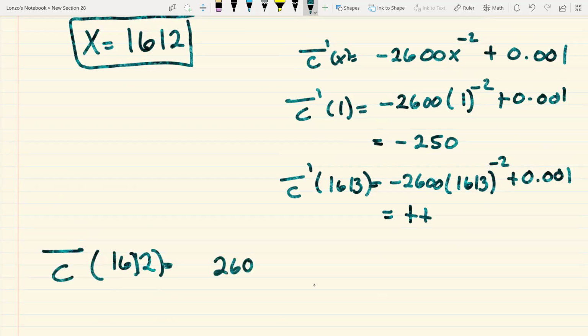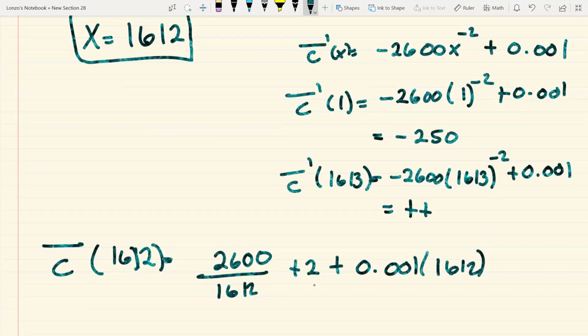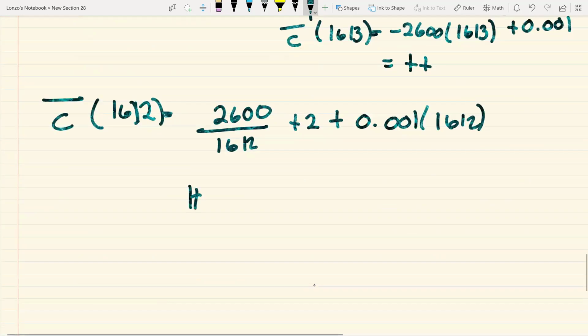So that's going to be 2600 over 1612, plus 2, plus 0.001 times 1612. Put it all together, you get $5.22 per unit.